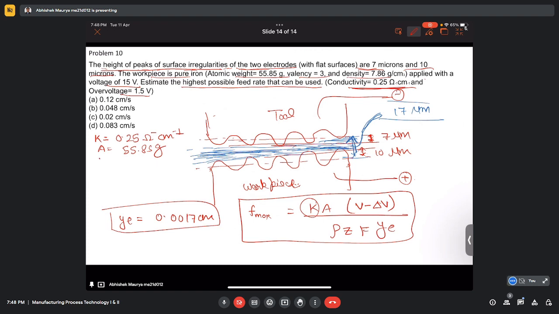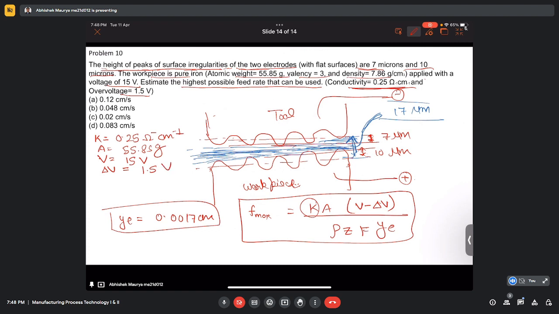V is given as 15 volts, and there is an over potential, delta V, that is 1.5 volts.